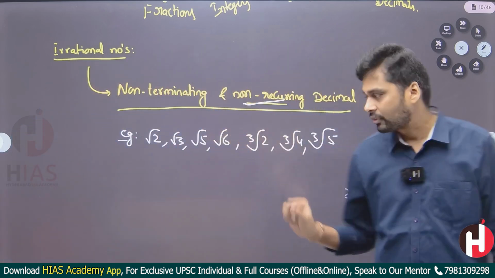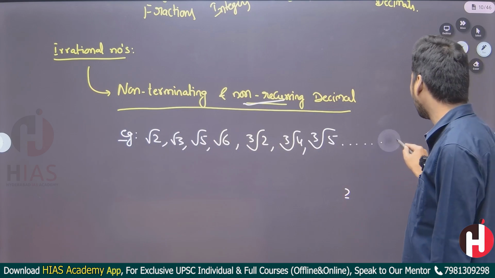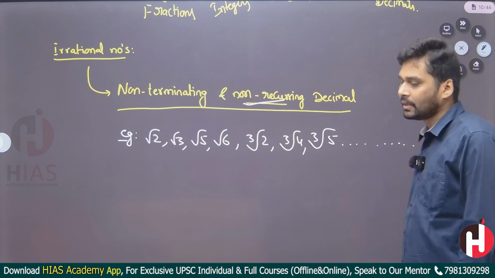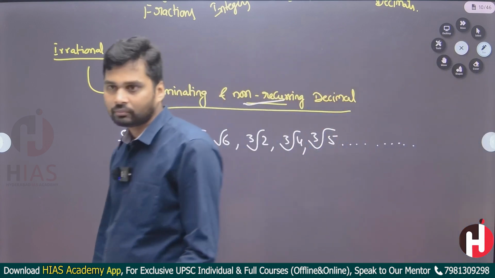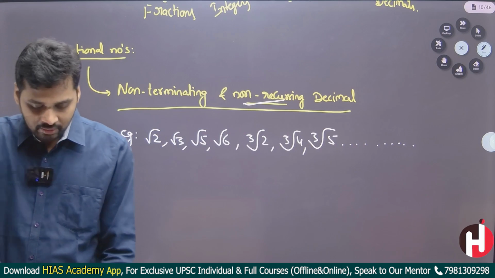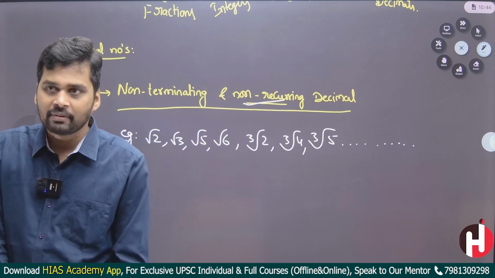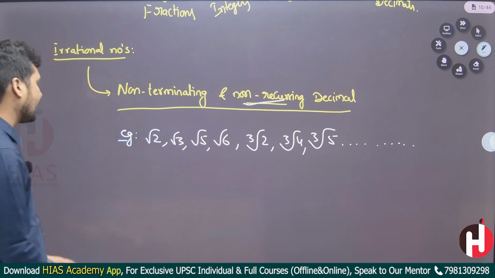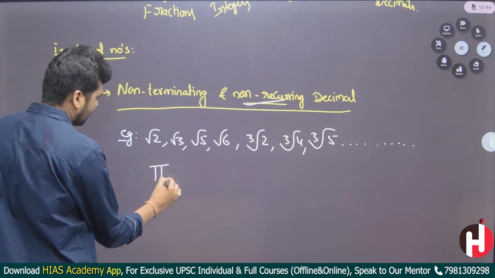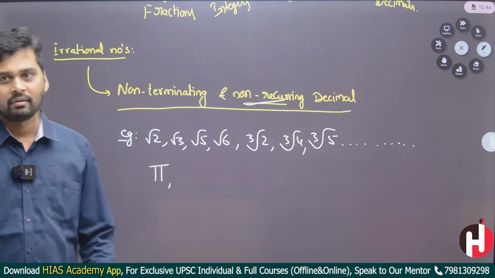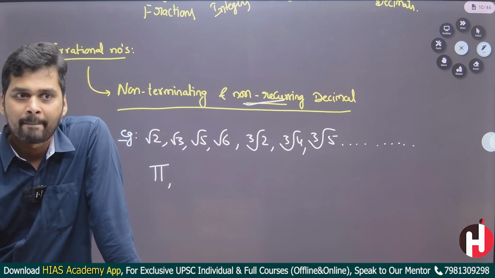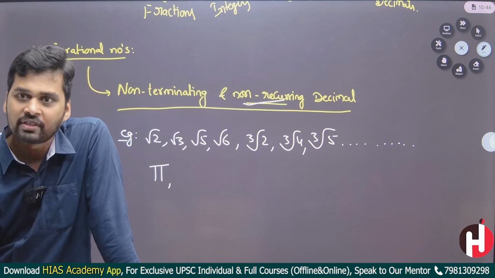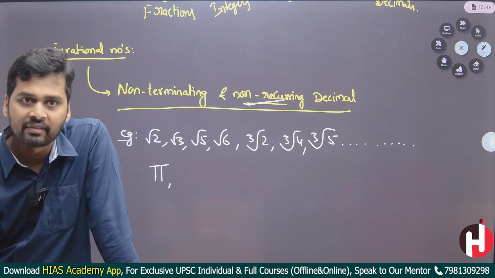You understand? These are the examples for irrational numbers. And there is one more thing, that is mathematical constants, like the value of pi. What is pi? 22 by 7, or in other words 3.141 and so on.